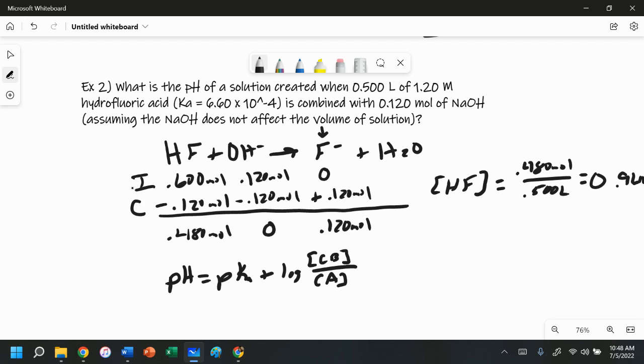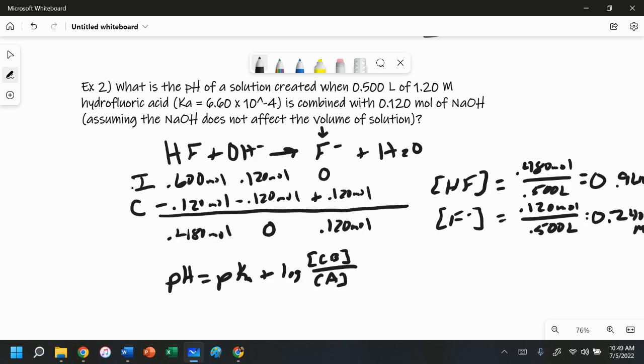So that is the concentration of our acid. The concentration of our conjugate base is the moles of our conjugate base after the reaction, which is 0.12 moles, divided by the volume of the solution, which is 0.50 liters, and that gives us 0.240 molar.